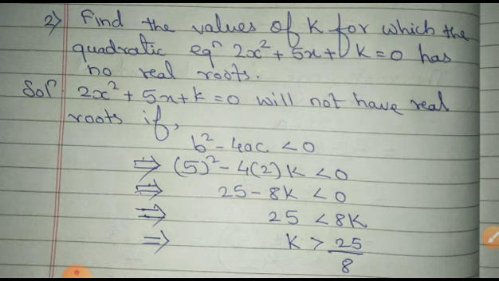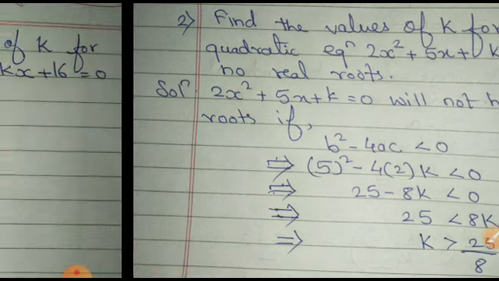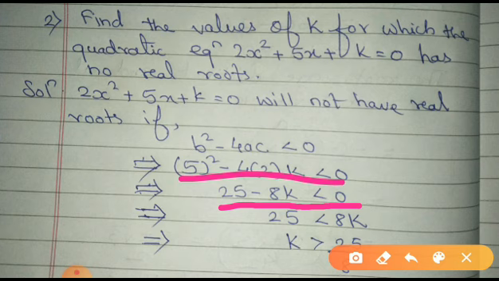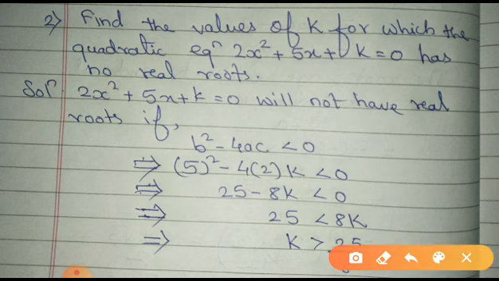Substitute the values and see what you will get. So after simplifying this, I'll be getting 25 minus 8k is less than 0. So this minus I'll be taking to the right hand side and I'll get 25 is less than 8k.